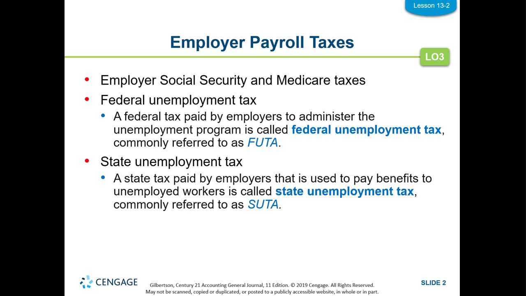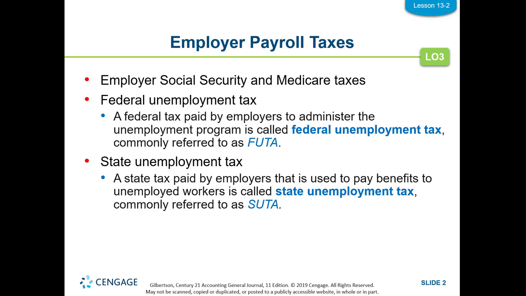FUTA tax base. State unemployment taxes are paid to fund state unemployment programs. A state tax paid by employers that is often used to pay benefits to unemployed workers is called state unemployment tax, also referred to as SUTA. The Social Security Administration specifies certain standards for unemployment benefits law. Therefore, state unemployment laws differ very little.